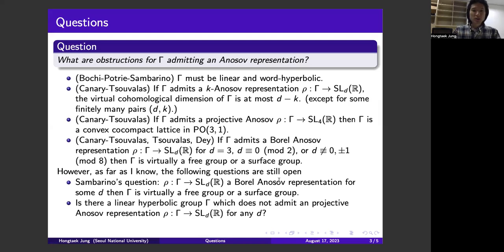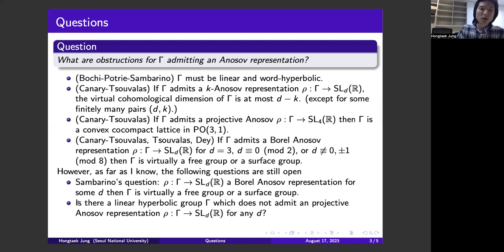Another interesting question is the following. As I mentioned, if Gamma admits a projective Anosov representation, it must be linear and hyperbolic. But people suspect that there is a linear hyperbolic group Gamma which does not admit any Anosov representation in any dimension d.